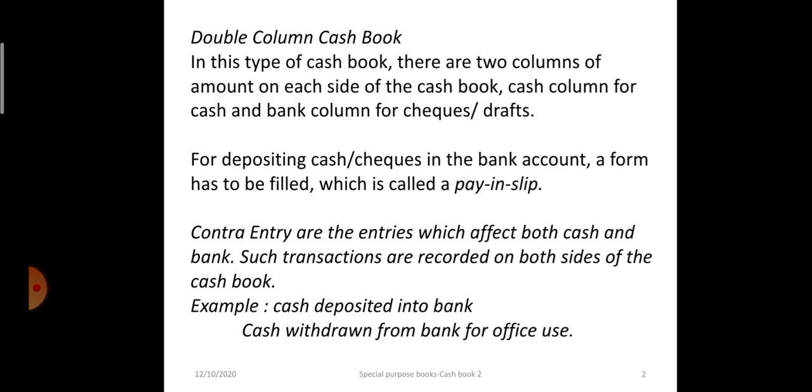I am repeating, contra entries are the entries which affect both cash and bank. Such transactions are recorded on both sides: one effect on the credit side and another on the debit side, one in the cash column and another in the bank column. Examples are cash deposited into bank and cash withdrawn from bank for office use. For such transactions, in the ledger folio we write C so that we can identify them.